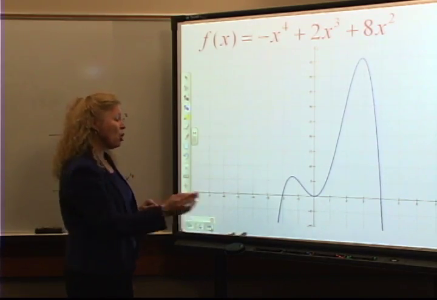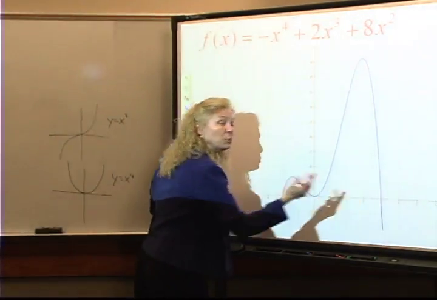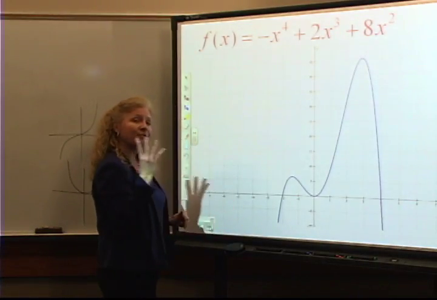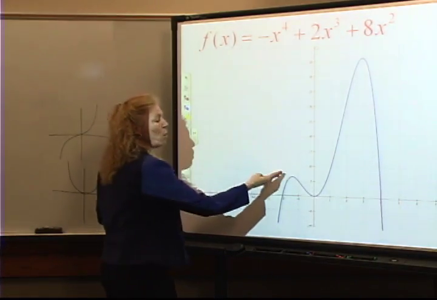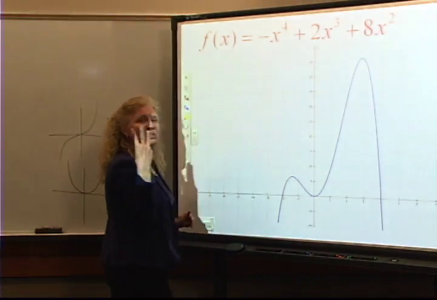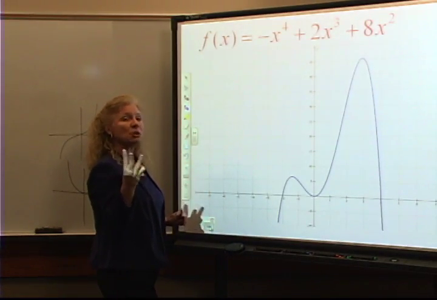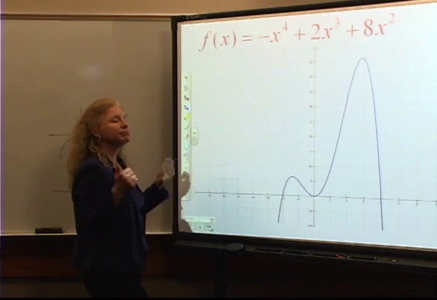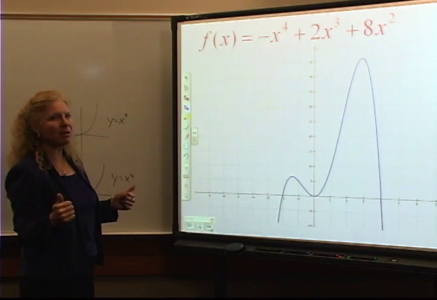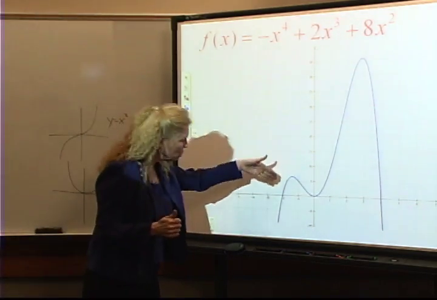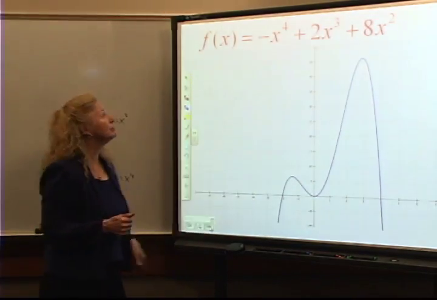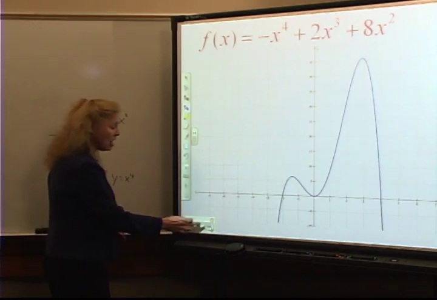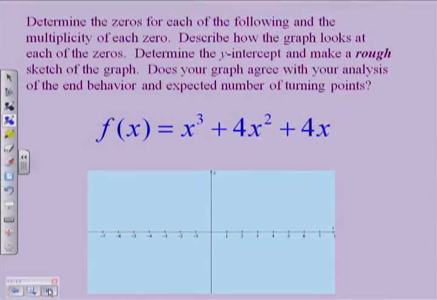And I know I have it all because I've got 4 roots accounted for, and I have 1, 2, 3 turning points, one less turning point than you have roots. So everything's accounted for. There is nothing else going on in this graph except dropping off. Okay, that's powerful knowledge.